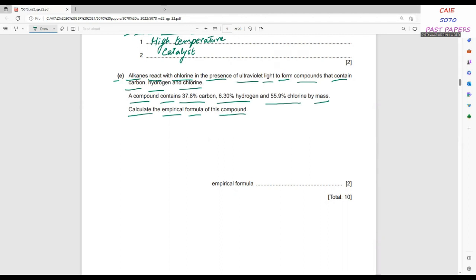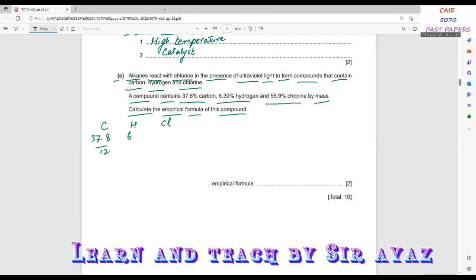So I'm writing the symbol of each element, C, H, and Cl. The Ar of carbon is 12, so it will be divided by 12. Hydrogen is 1, so 6.30 divided by 1. Chlorine 55.9 divided by Ar of chlorine, which is 35.5.